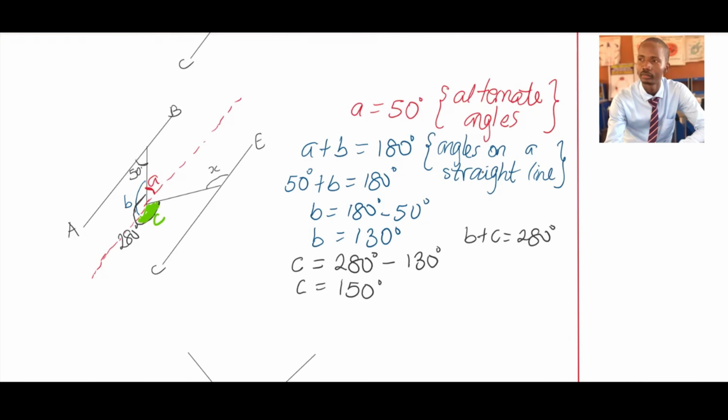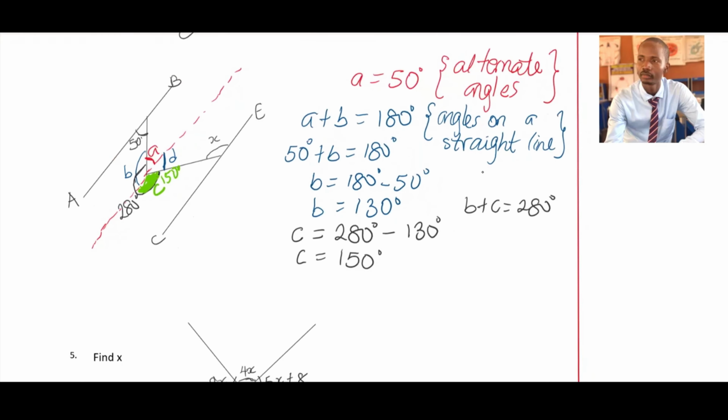So C is 150 degrees, right? I should be able to get what this will be. Let's call that D. We know that C plus D is equal to 180 degrees, angles on a straight line.